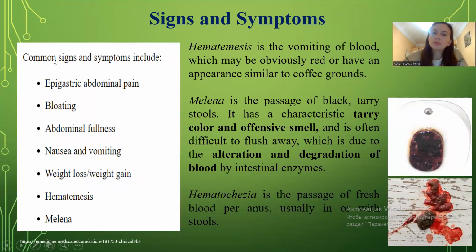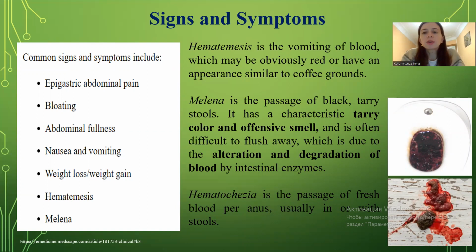And what is common for duodenal and gastric ulcer? Epigastric abdominal pain, bloating, abdominal fullness, nausea and vomiting, weight loss or weight gain, hematemesis, melena. And what is hematemesis? It is the vomiting of blood, which may be obviously red or have an appearance similar to coffee grounds. And melena is a passage of black tarry stools.